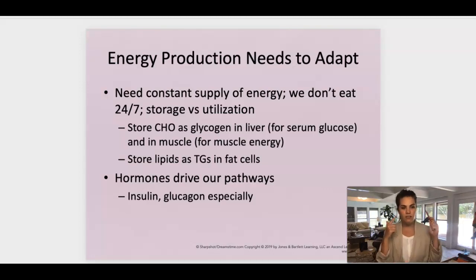So I want you to just think right now, what do you know about insulin and what do you know about glucagon? Probably you know that insulin helps to lower our blood sugar, whereas glucagon helps to increase our blood glucose, okay? So really, what is happening at that time is a change in the direction of a metabolic pathway, okay?